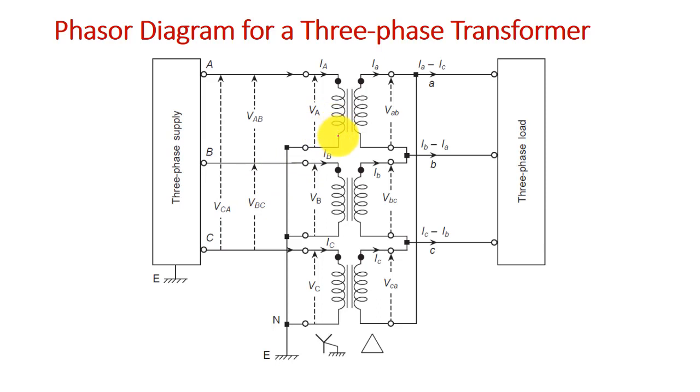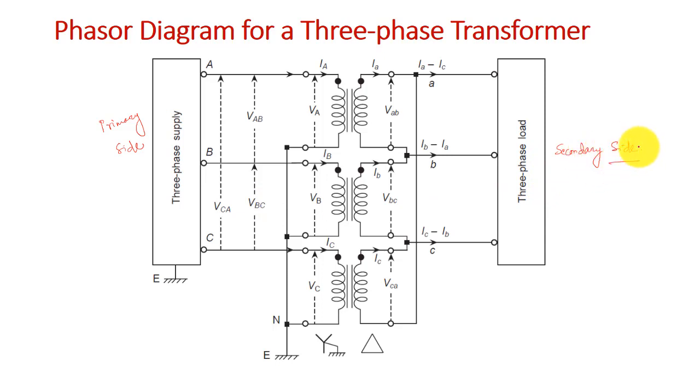Now if we see the block diagram of a three-phase transformer, it is a star delta transformer. This is your supply side, which we sometimes call the primary side, and this is your load side, which is sometimes called the secondary side in technical terms.